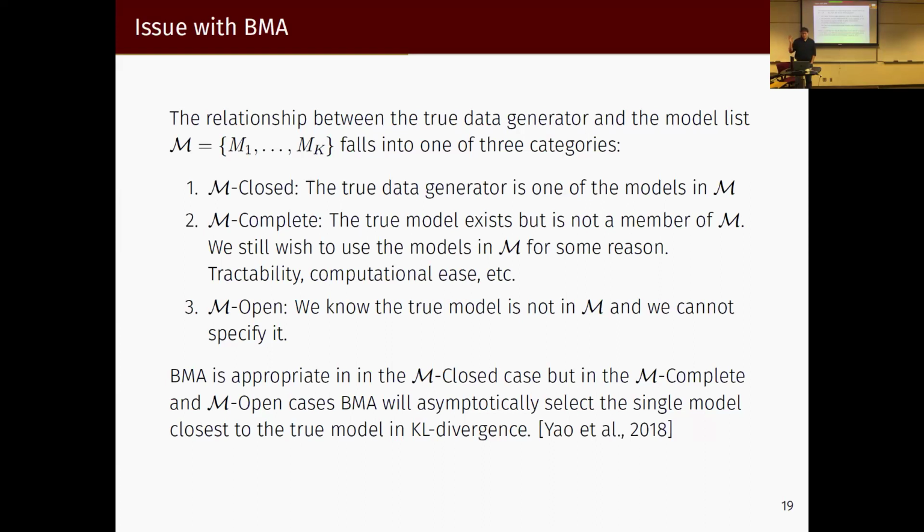And M open is, we don't know what the true model is, but we also don't specify that it's not in the model list. So Bayesian model averaging is appropriate in the M closed case. It's going to select the true model. But in the M complete and M open cases, what Bayesian model averaging does asymptotically is select the closest model to the true model that's contained in the model list, which is not what we want to do. We don't want to just select any one of our models because they're all equally nonsense. We want to average over many of them.